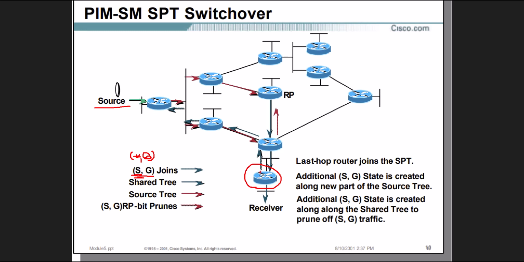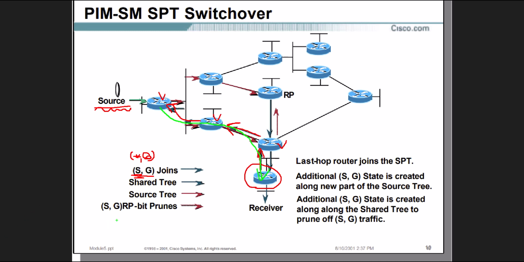So it sends back upstream these S comma G join messages, right? And they will be propagated through the routers according to the unicast routing towards this IP address. Again, because these are join messages, each router on the way will make sure it joins this particular source and group pair. Eventually it will reach the source, and this way an entirely new branch will be built for this receiver. All right?